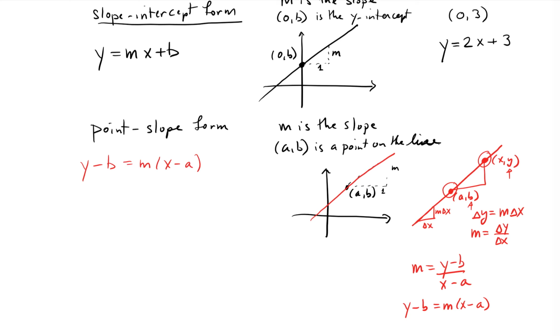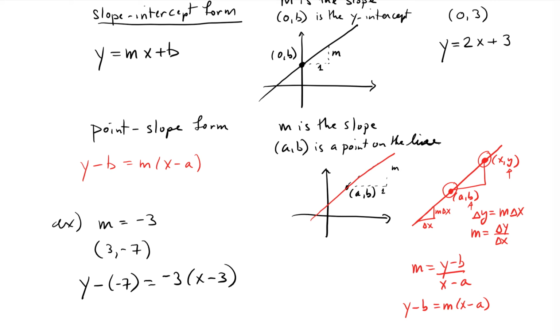So as an example, you're given a line with a slope of -3, and it passes through (3, -7). Now (3, -7) is not the y-intercept, clearly, right? So you're just given some arbitrary point on the line and a slope. Using that formula, I can just write that y minus the y coordinate of the point is the slope times x minus the x coordinate of that point.